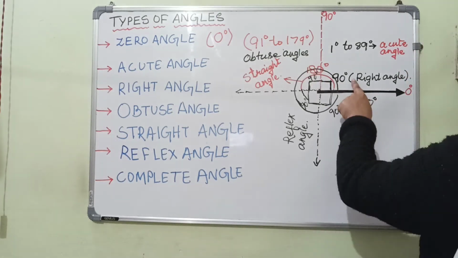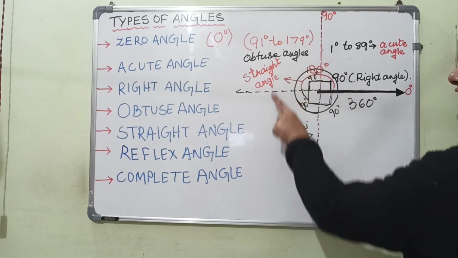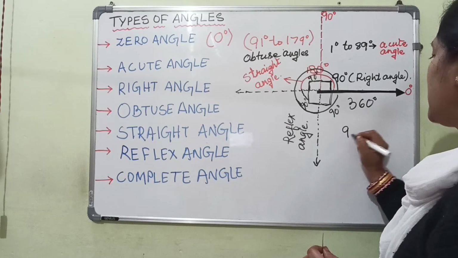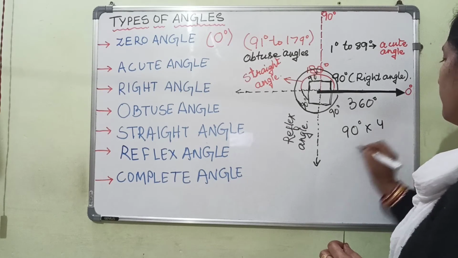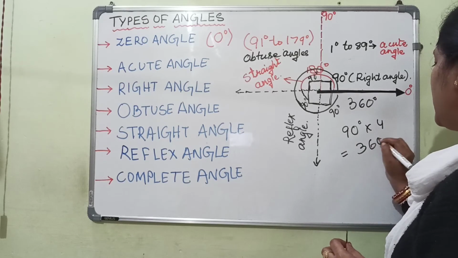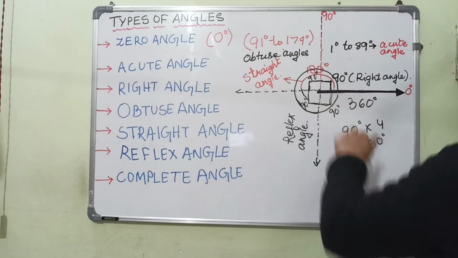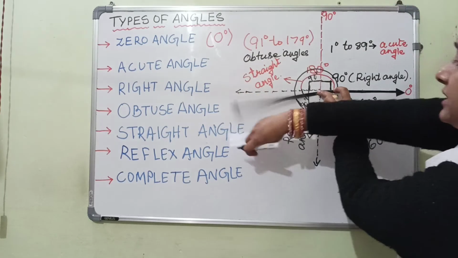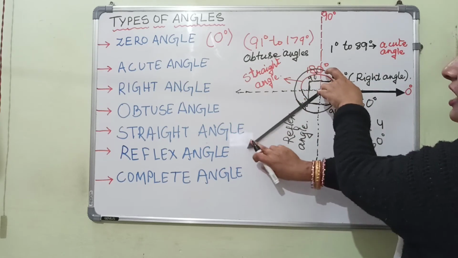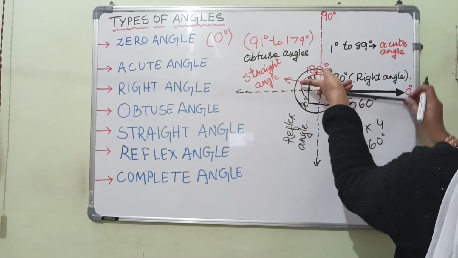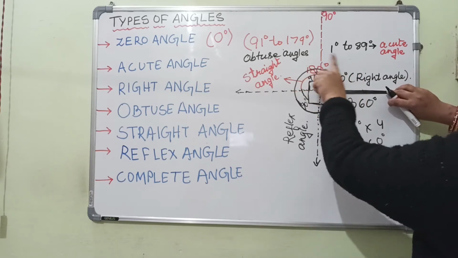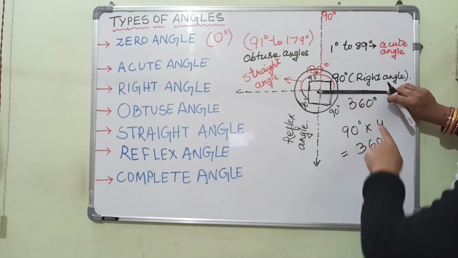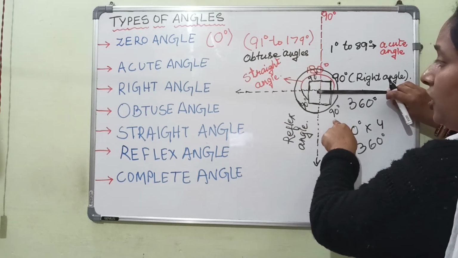So total 90, 90, 90, 90. Four 90s it has covered to complete one round. So four 90s are how much? This is equal to 360 degrees. So when the movable arm starts from 0 degrees and completes one round, it covers four 90 degrees and forms 360 degrees.